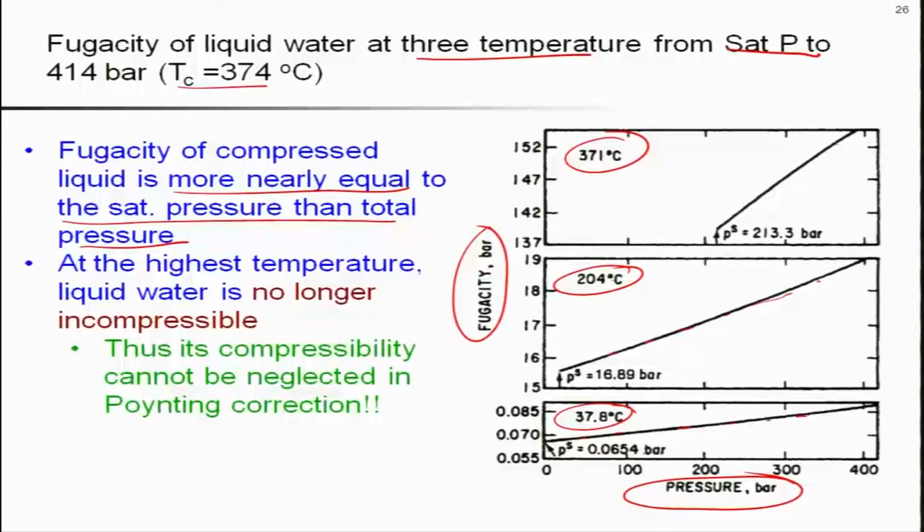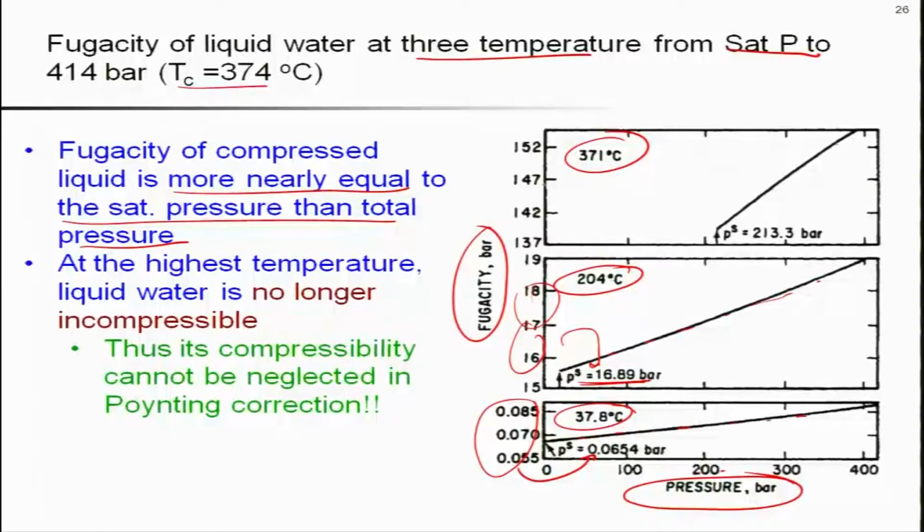We can see this statement very clearly. For example, this is the fugacity, and it is more nearly equal to this saturation pressure than the pressures here. For example, here also we can look at it. These are the fugacity of the compressed liquid at very high pressure, but this is very close to the saturation pressure.